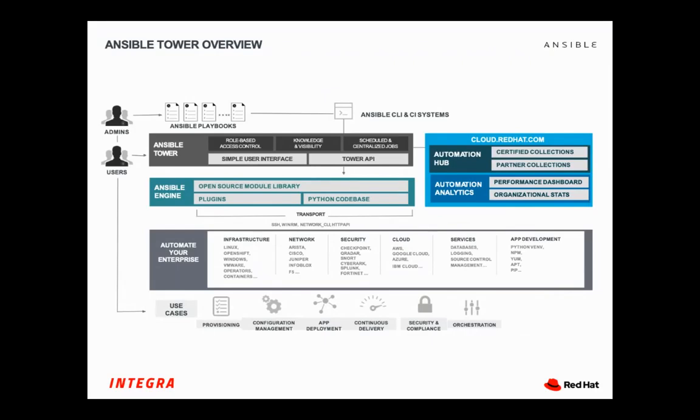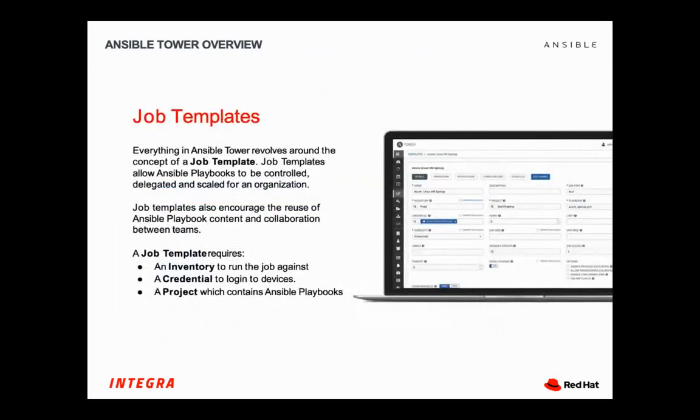Like I explained, we will not go into much detail on all this, but let's proceed further with the features. Okay, so let's start with the components of Ansible Tower. Job template.